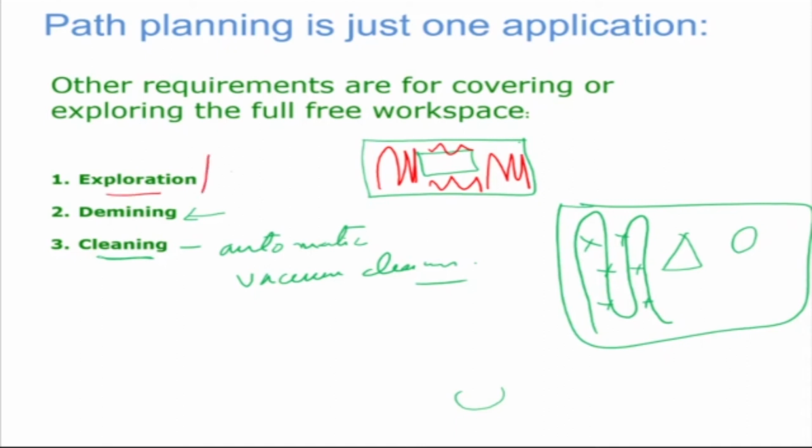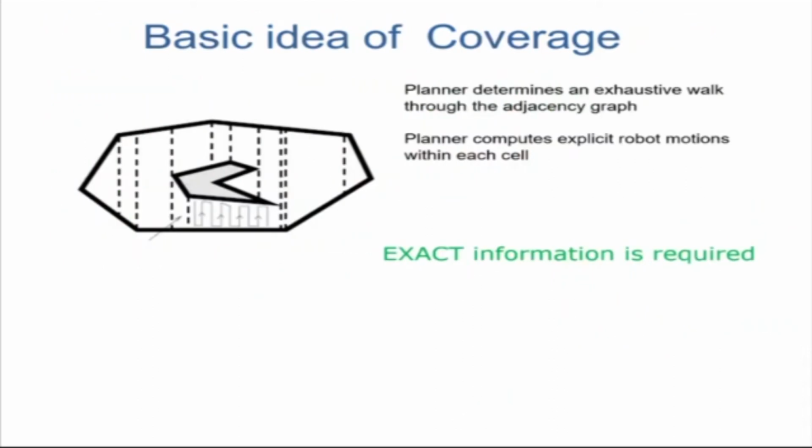So, exploration and coverage algorithms. The basic idea of coverage is that the planner determines an exhaustive walk through an adjacency graph. These adjacency graphs are basically connected cells.